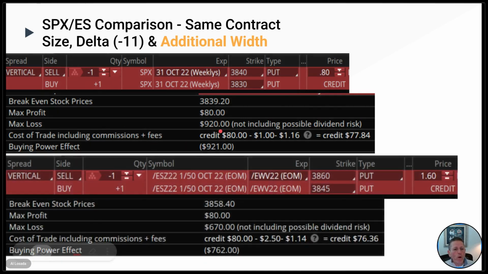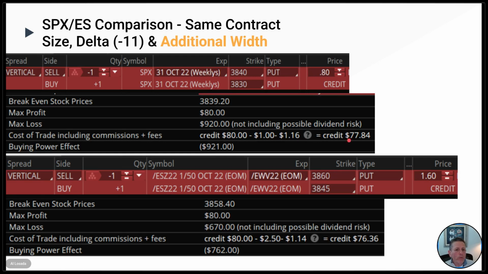Same thing for SPX, but now we're going to widen this position, so it's 15 wide instead of 10 wide. Here you get 80 cents credit. And here you get 160, but you divide it in half, and you get 80 cents.